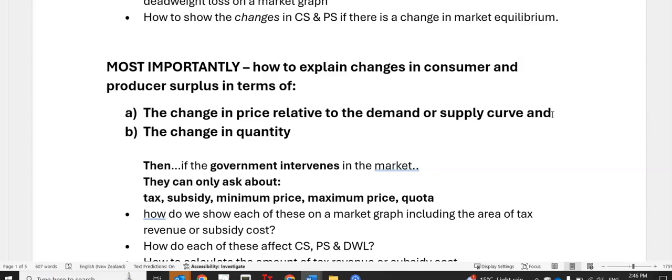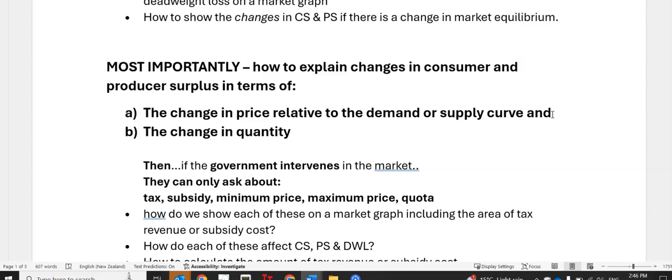Has the change in price made the difference smaller or bigger? Bigger is good, smaller is bad. That's really important. Price, and then what's happened to the quantity. Basically, the more of something that's being consumed or produced, the bigger the surplus, and the smaller the quantity being consumed or produced, the smaller the surplus. You need to talk about both, not just one.